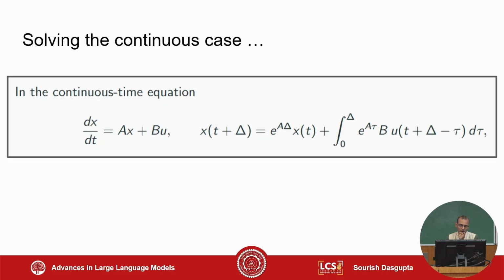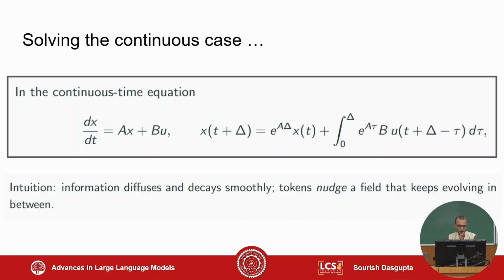Okay, so how do you get to here? I will show you, but basically this equation means that the information diffuses and decays smoothly. New tokens coming in are going to nudge that field while the field evolves, right?